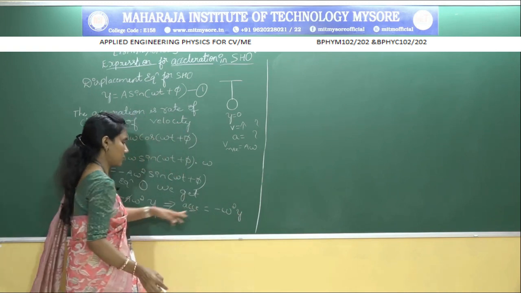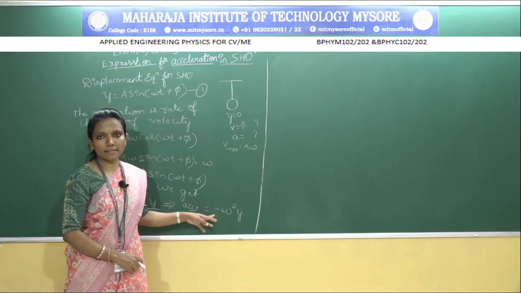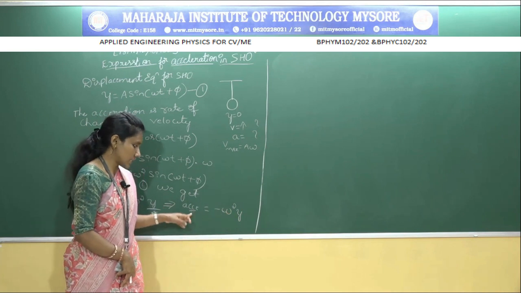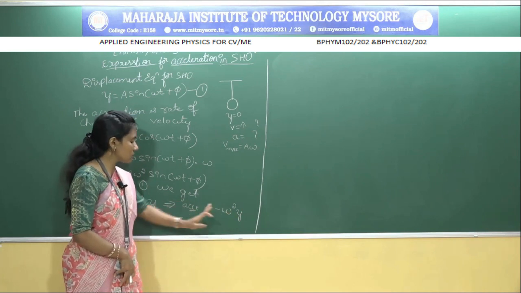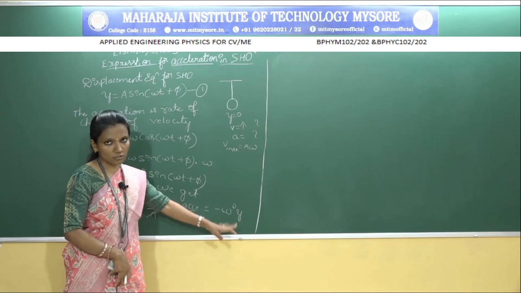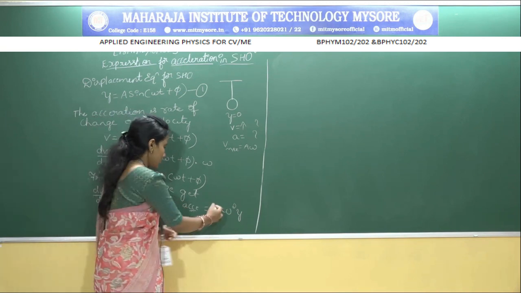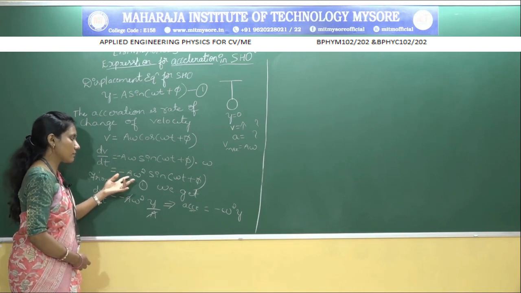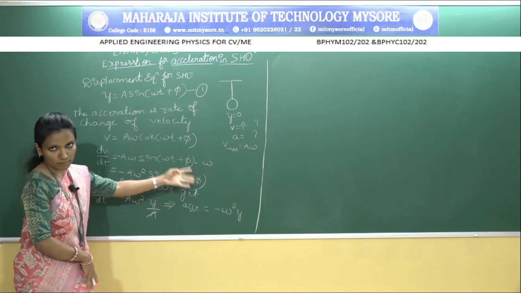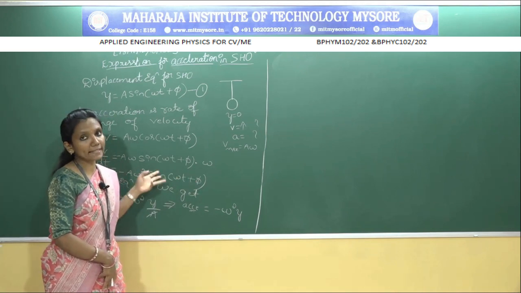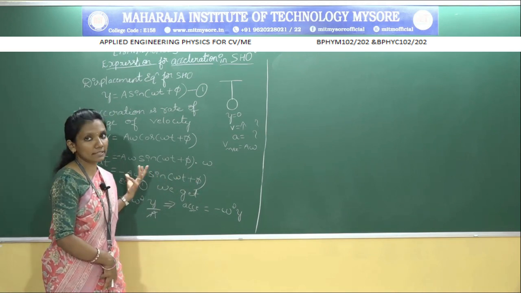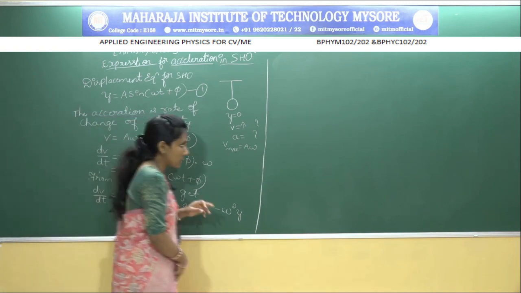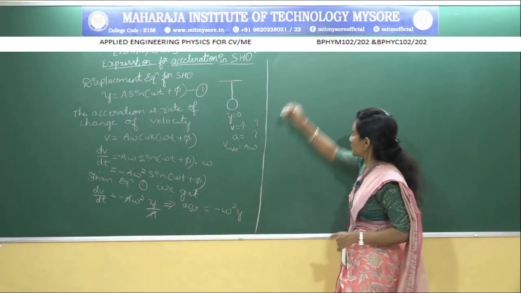So that means the acceleration is negative to the displacement. If we ignore the negative sign, then acceleration is equal to omega square y. And this acceleration we are getting is minus a omega square sine of omega t plus phi. We can eliminate that minus sign.